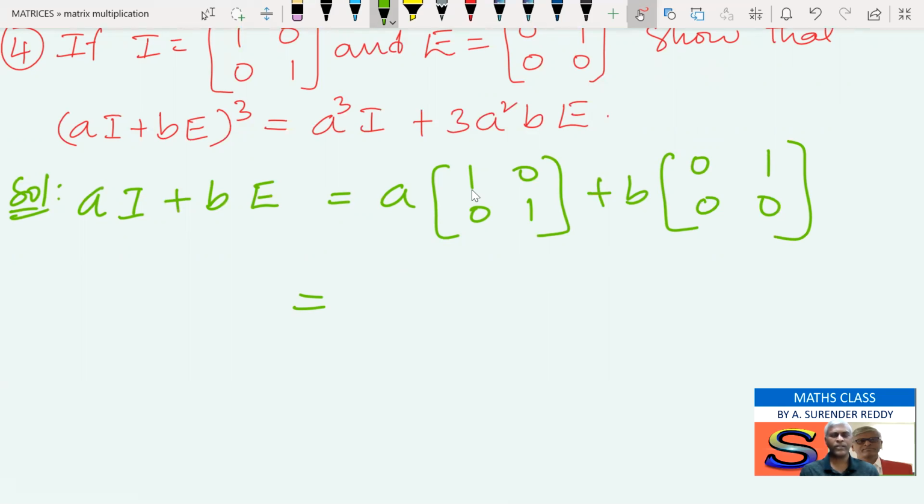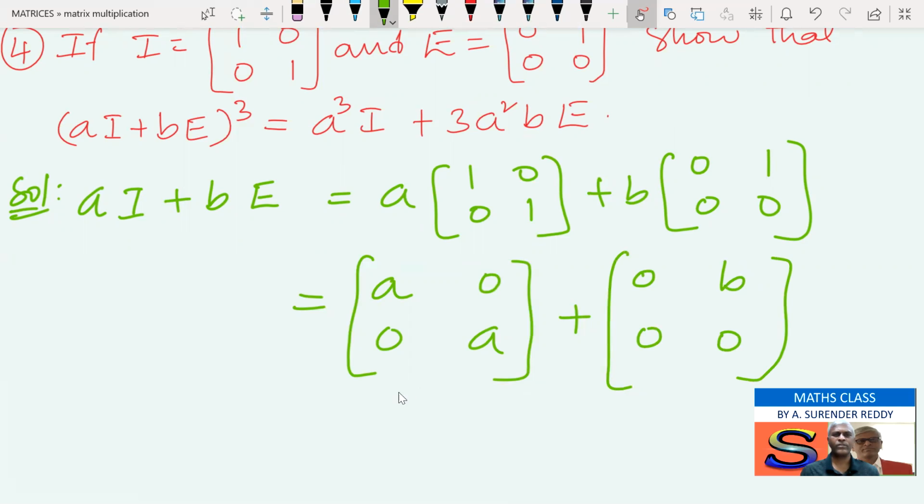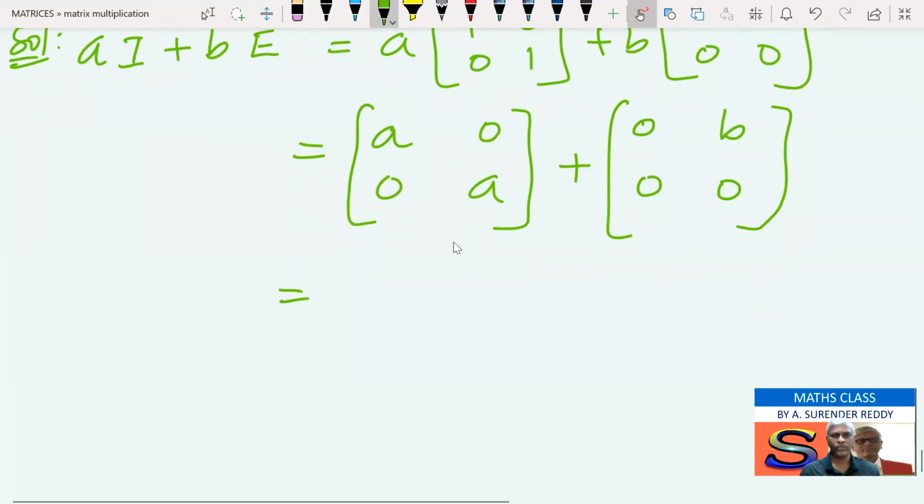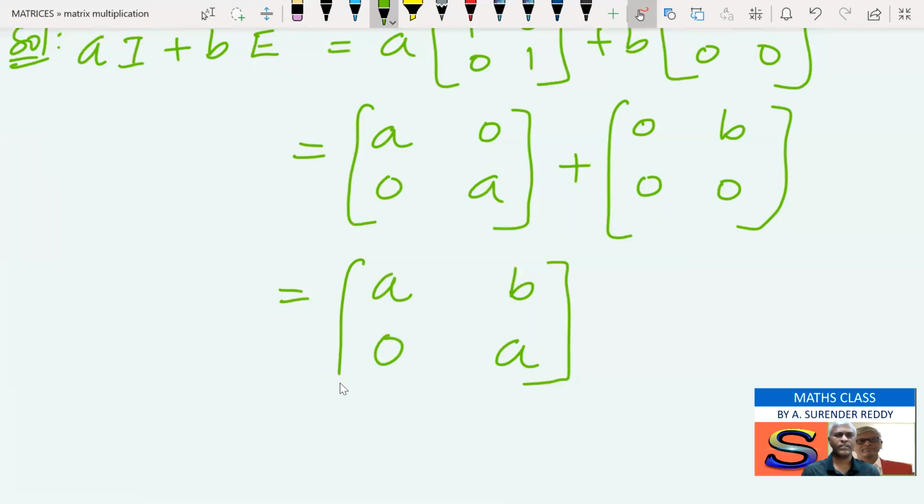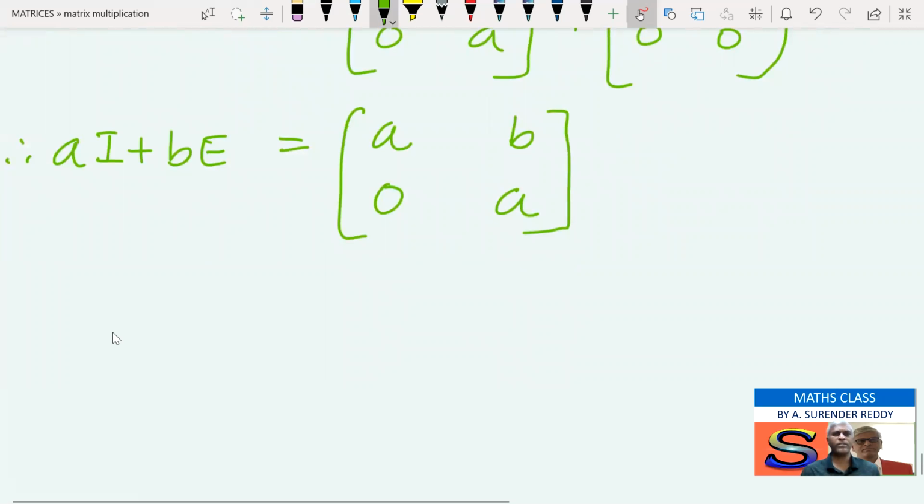Scalar multiplication of a matrix: a into all four elements, so this is aI. b into all four elements, so this is bE. Adding corresponding elements: a plus 0 is a, 0 plus b is b, 0, and a. So aI plus bE is the matrix a b 0 a.